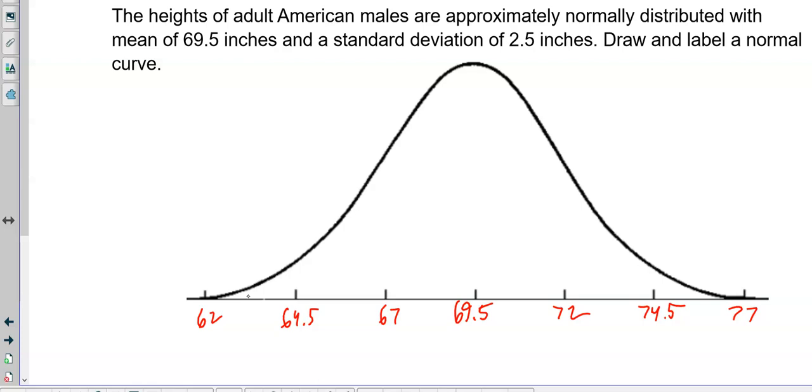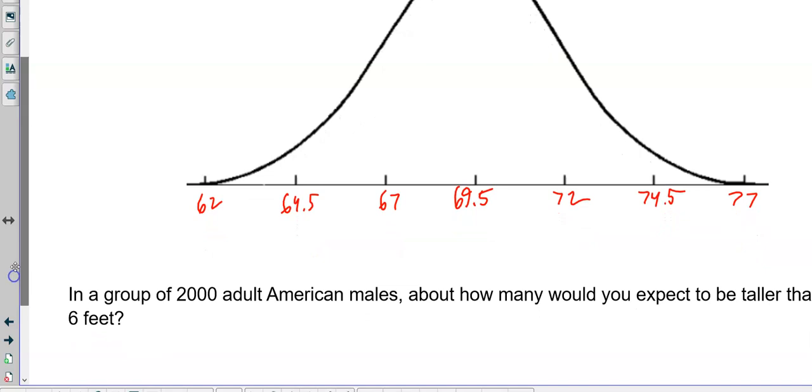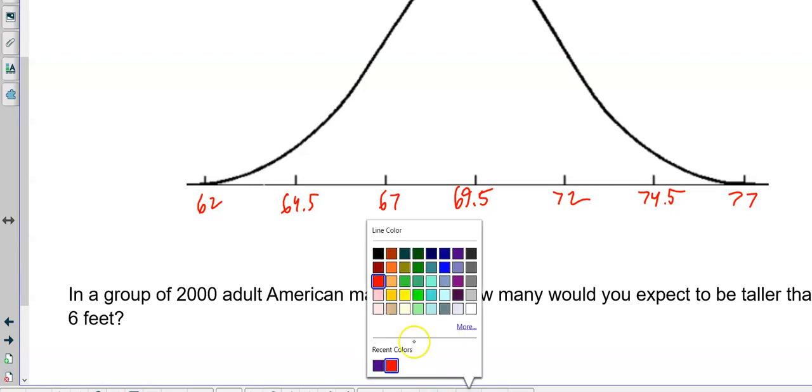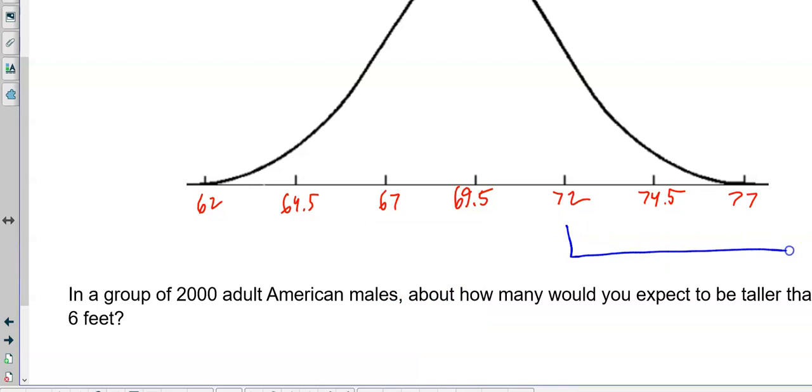Draw and label a normal curve. And so the question is, about how many would you expect to be taller than 6 feet? Well, we've got to think that through. 6 feet is what? 72 inches, right? So anything bigger than 72.